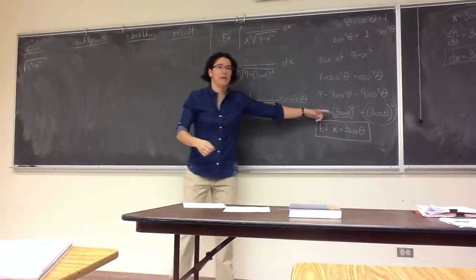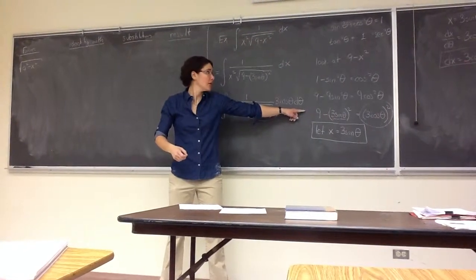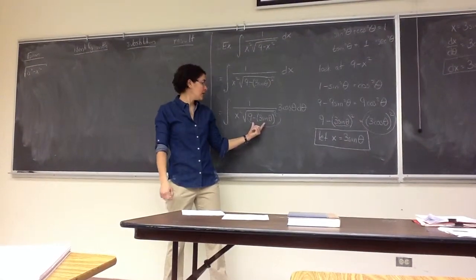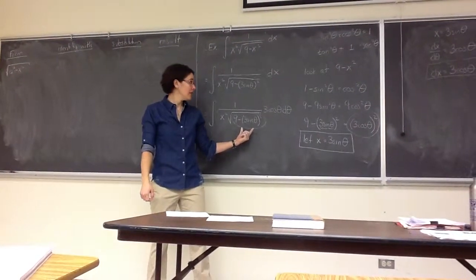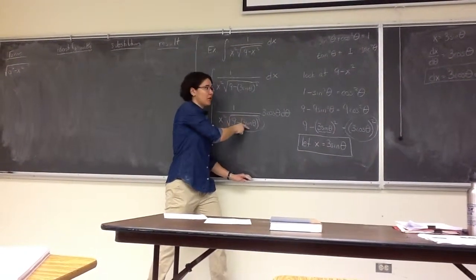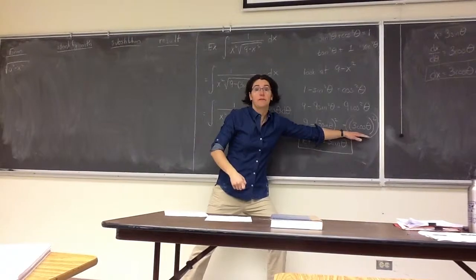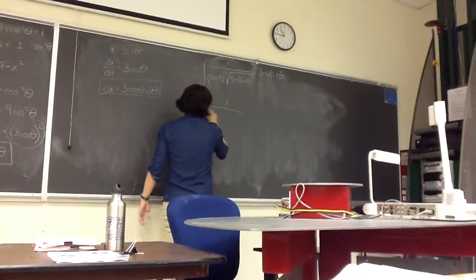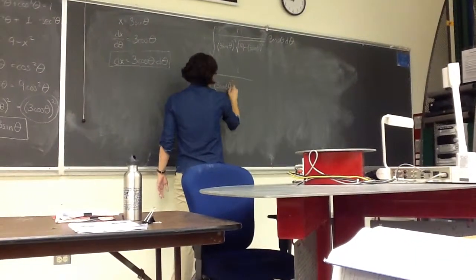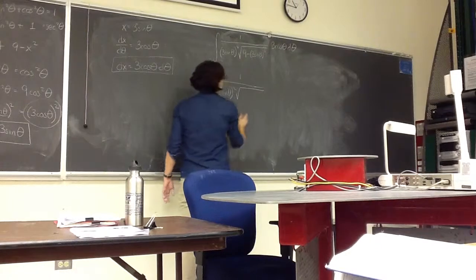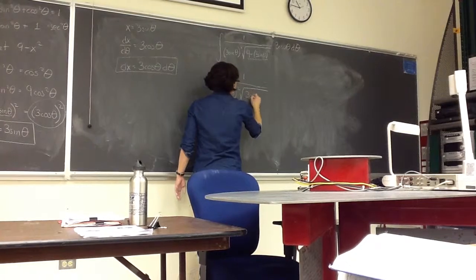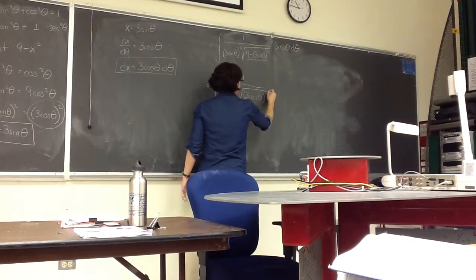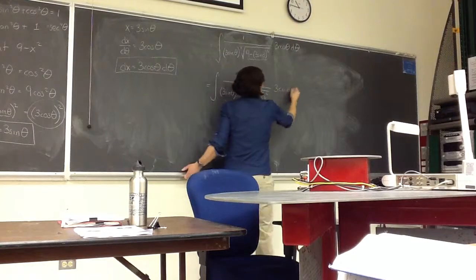All right, so this guy is our really useful one. That 9 minus 3 sine theta quantity squared, the reason that we wanted to do this trig substitution is that this part under the square root, we can replace it with one term squared. So we've got the integral of 1 over 3 sine of theta squared, and we've got the square root of, instead of 9 minus 3 sine theta squared, we end up with 3 cosine theta quantity squared, and then 3 cosine of theta d theta.